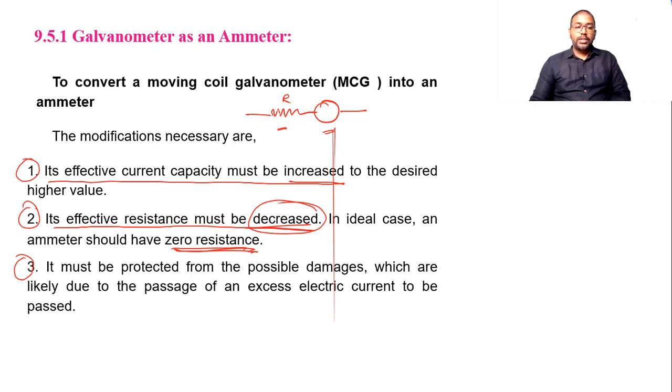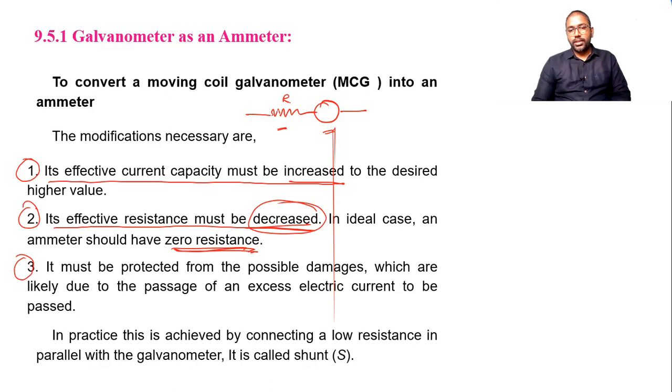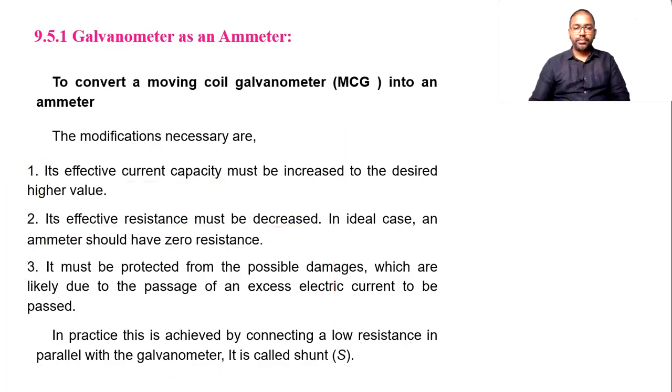All these three purposes are served by connecting a low resistance in parallel with the coil of the galvanometer, and that low resistance is called a shunt. Means in a simple way we can say that all the purposes are served by connecting a low resistance shunt parallel to the coil of the galvanometer.